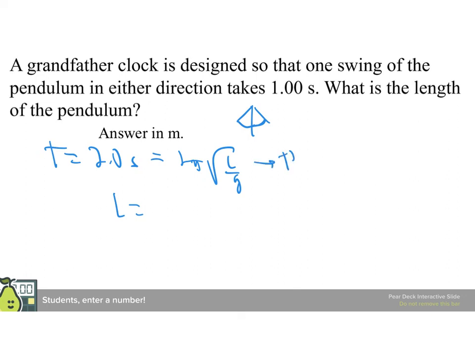T² is (2π)² L over g. So L is T² over (2π)² times g, which turns out to be about 0.993 meters, which is why grandfather clocks tend to be about a meter tall. Well, the strings in them.